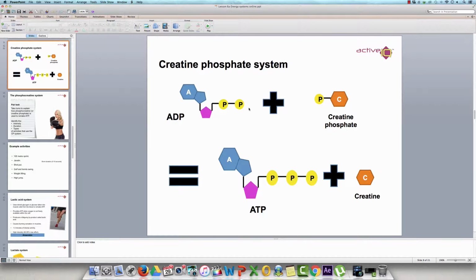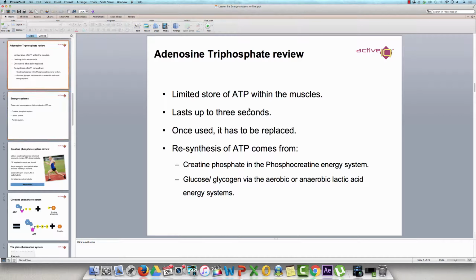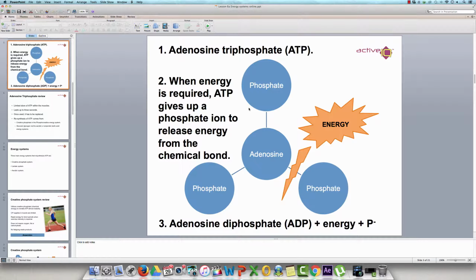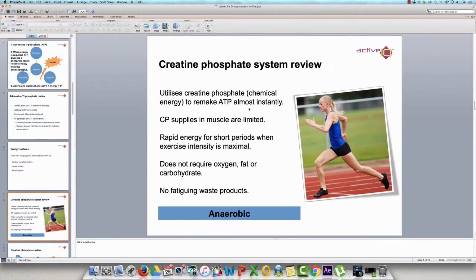Just to recap that, because it can be a little complex: ADP is what we end up with once we've created some energy, and we need to add on another phosphate molecule to make it ATP again, because we can only create energy from ATP. We can't make energy from ADP. So, back to here.